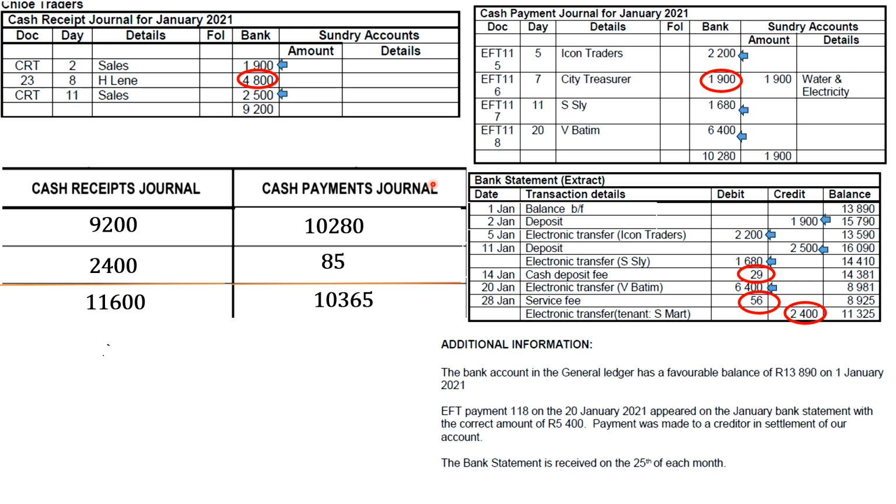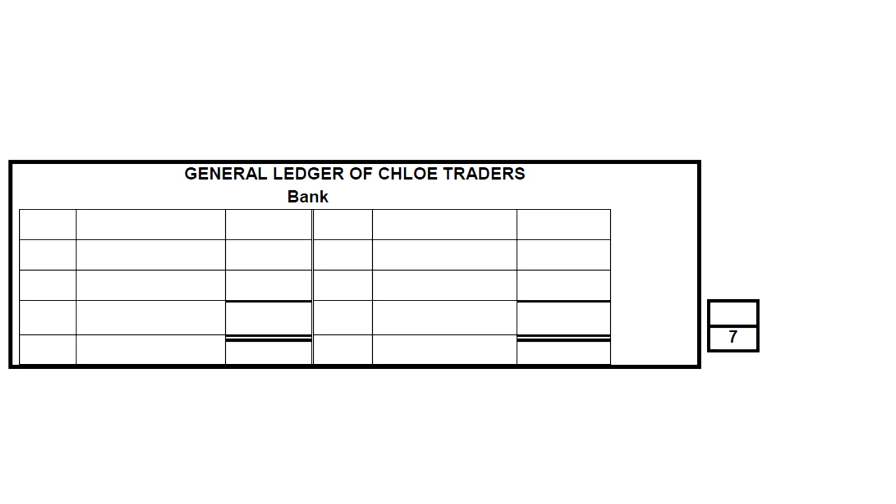Now we're moving on to the second thing that was required, which is to complete the bank account. Now that we've completed our cash receipt journals and cash payment journals and recorded all the errors and omissions, we record those totals from our CRJ and CPJ in our bank account.